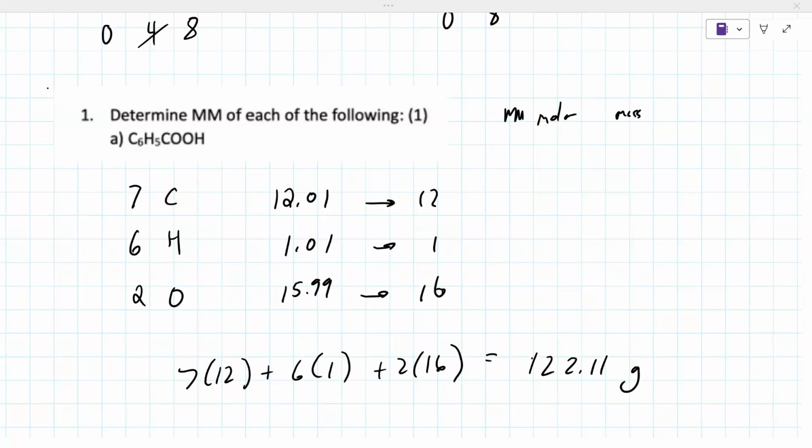Hold on, maybe my math is wrong. Give me 1 second. Is hydrogen 1.001 or is it 1.01?